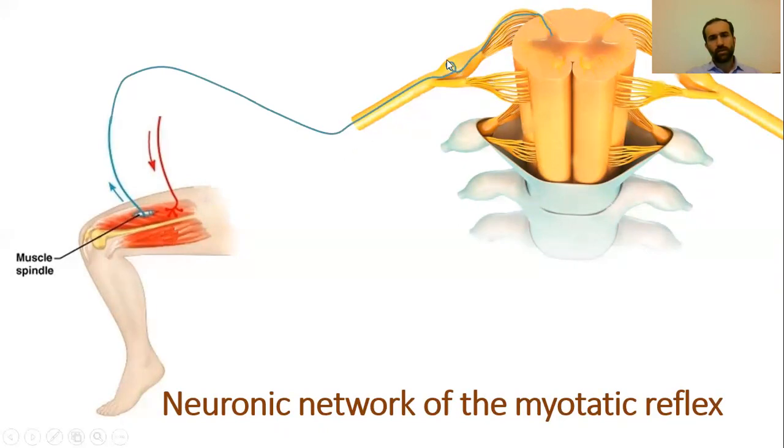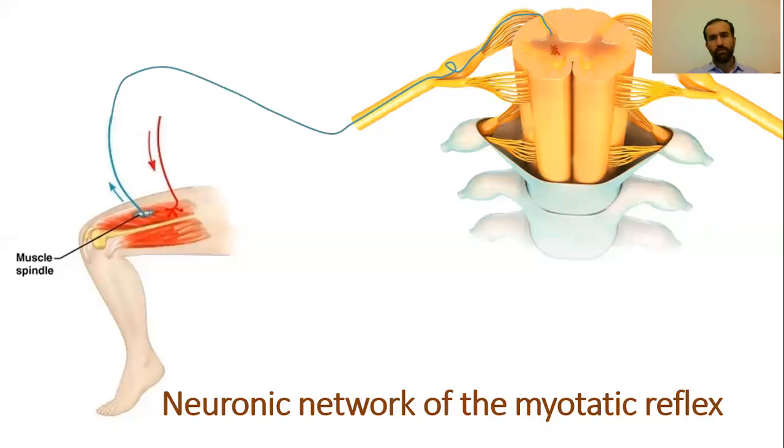This is the cell body of the sensory neuron, and it is located in the dorsal root, as you see. For the motor fiber, its cell body is found in the gray matter, as you see here.